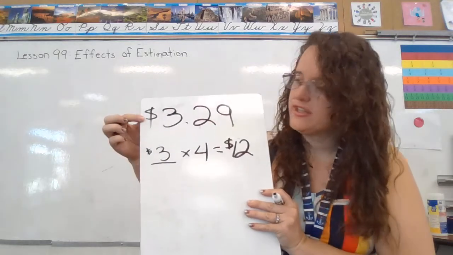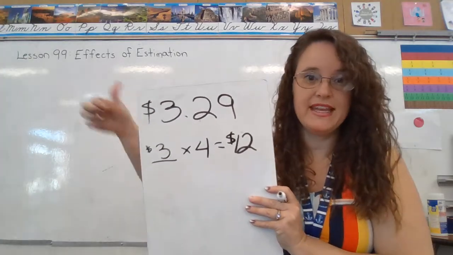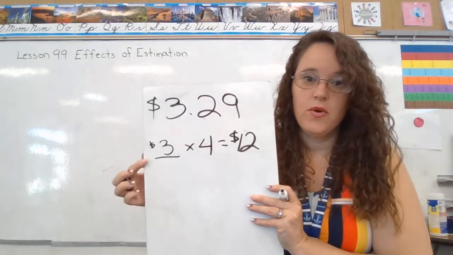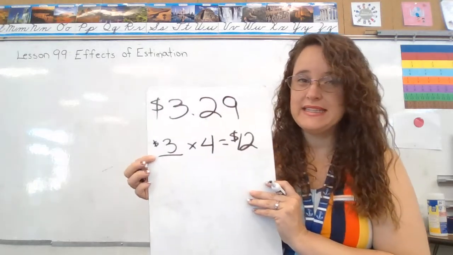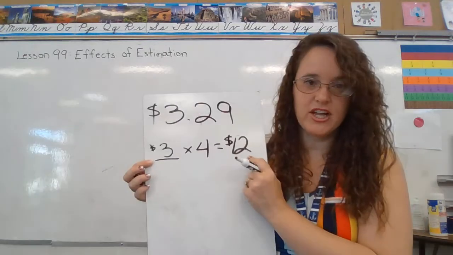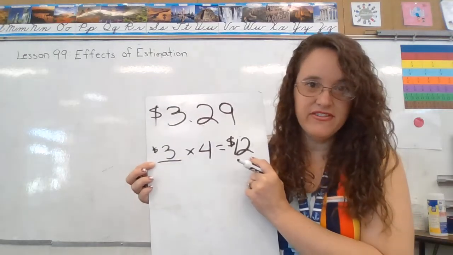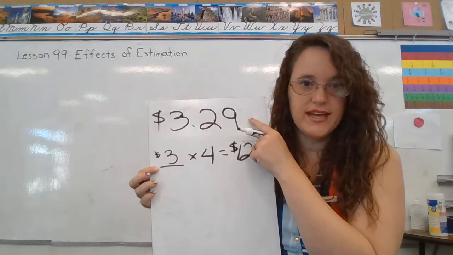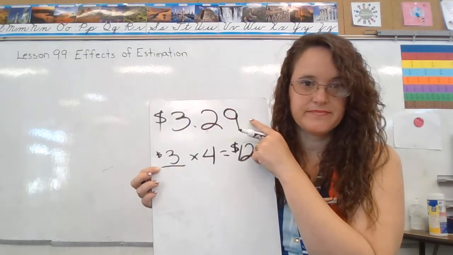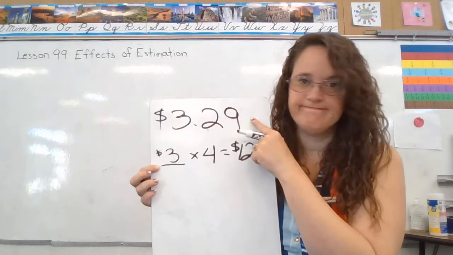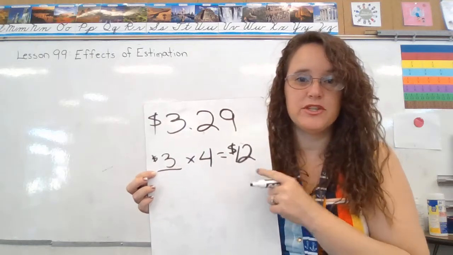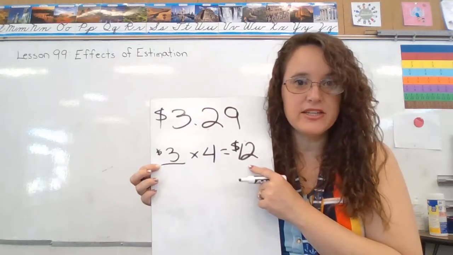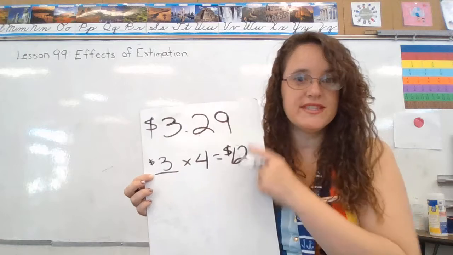So, he took this $3.29 per book and he rounded down, which means, is his $12 going to be enough to pay for 4 books that are $3.29 a piece? He rounded down, which means his estimate is a little bit too low. Will it be close? Yes.